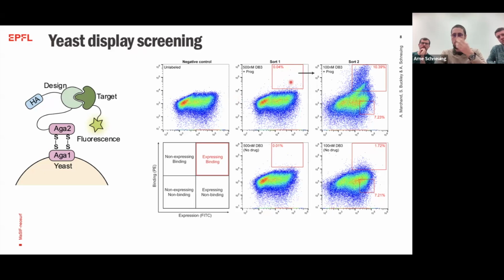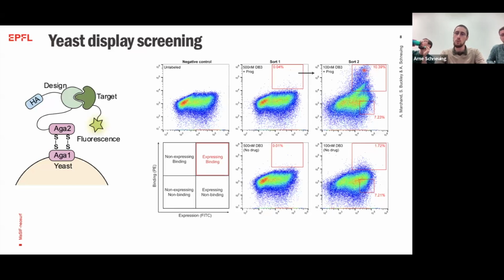So once we have sorted the yeast that display the good binding designs in the first sort, we have this second sort, and now you see that all of a sudden we get more binding population. At that stage, you can be happy and stop here, or you can do a third sort if you want to be a bit more conservative and enrich more of the binding population.